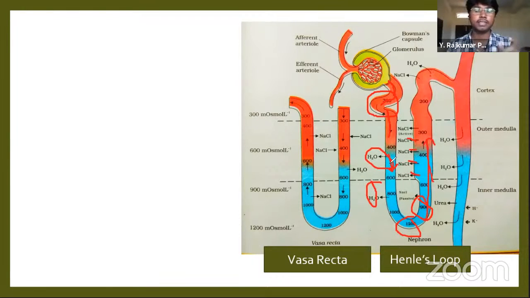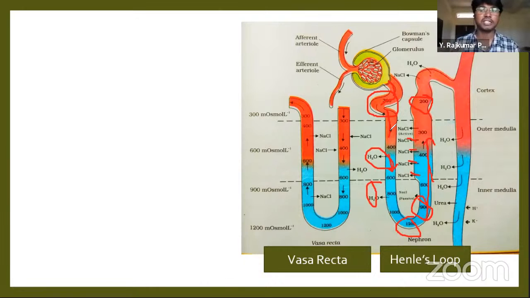Here what is happening? The solutes are not getting removed in the descending limb. Water is getting removed. That's why concentration increased. As it is moving upward, the solutes are removed. Hence, the concentration came to again 200 osmolarity. So this kind of concentration changes happen in the structure of nephron.